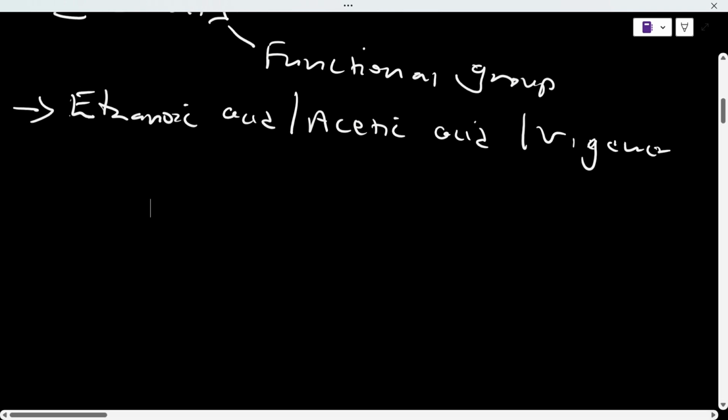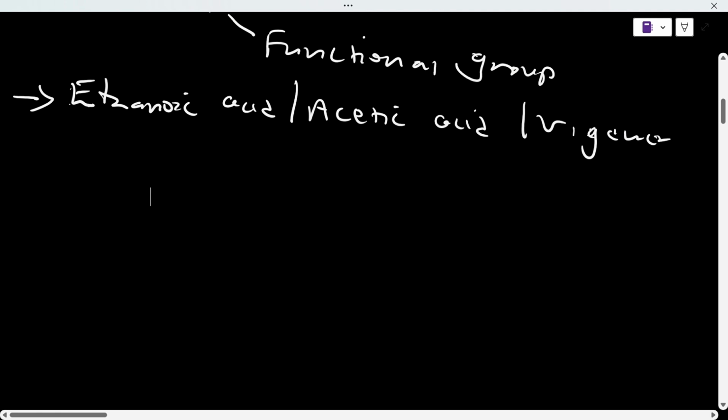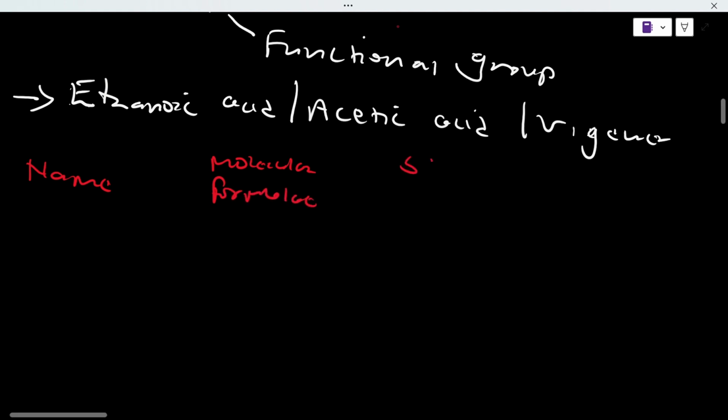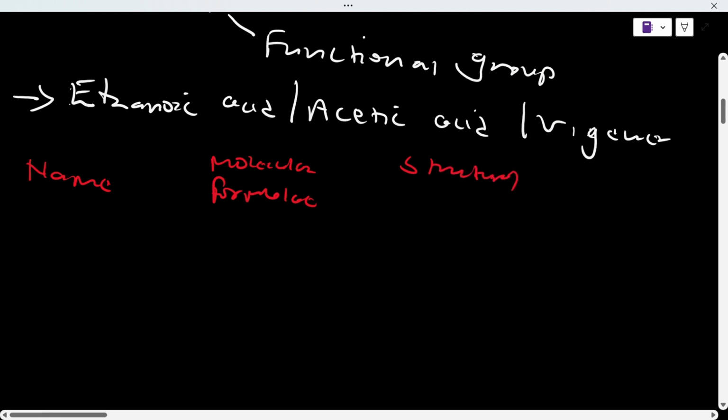The key things are their name, then their molecular formula, the structural formula, and lastly the displayed formula.